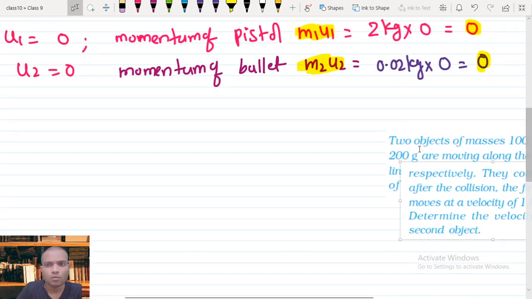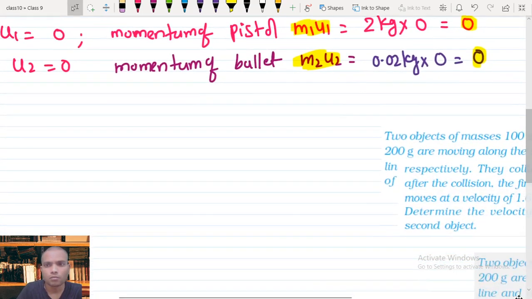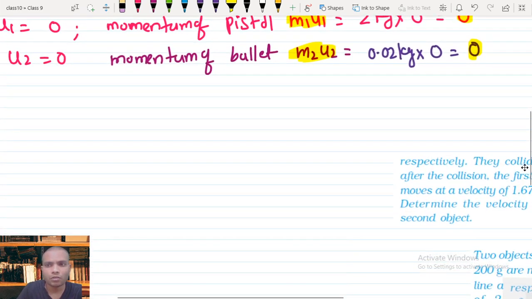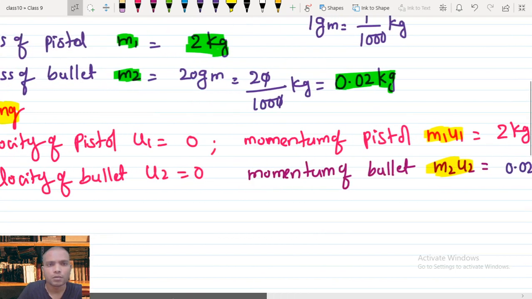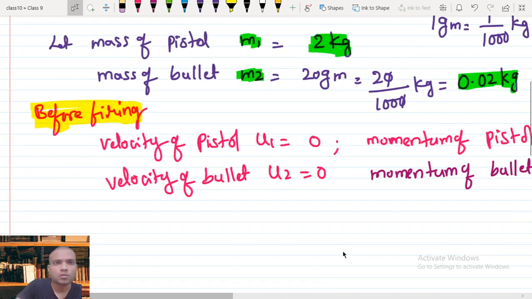Now we need to write the total momentum before firing. This everything is before firing only.